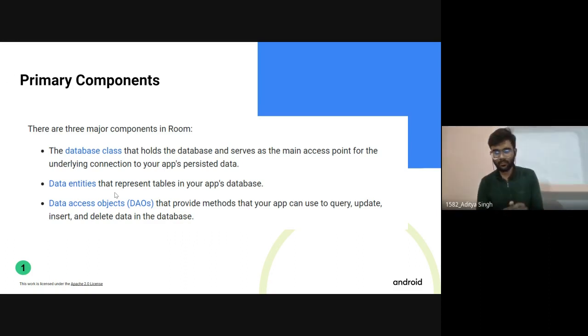Data access objects are objects which we use for writing, deletion, updation, and query. For these purposes, whatever we use, we call them data access objects, and we use the DAO annotation outside the class where we define our data access objects.